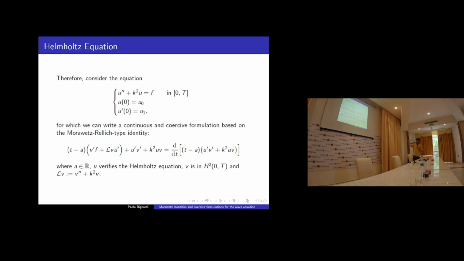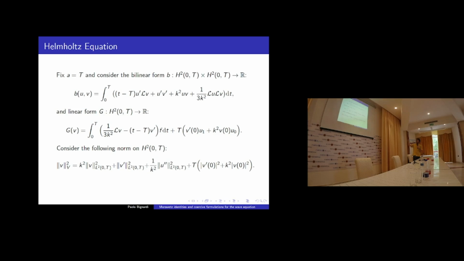You have to take A, which is bigger than capital T, and if, for example, you pick it like capital T, we obtain a coercive linear form with respect to this norm, which turns out to be equivalent to the usual H2 norm.